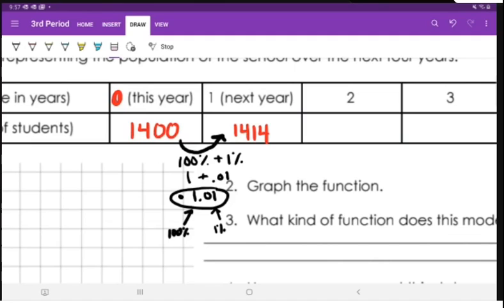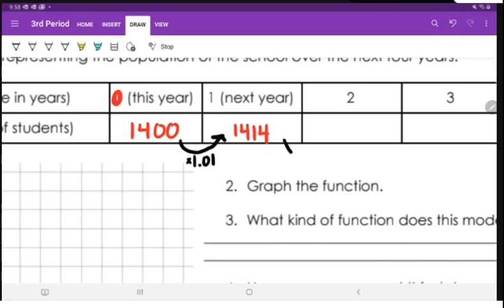So we've kind of condensed this process a little bit. I can erase a lot of these notes. To get from one step to the next, we multiplied, so times 1.01. Now we're going to go from year 1 to year 2. To go from year 1 to year 2, we're going to add in another 1%.